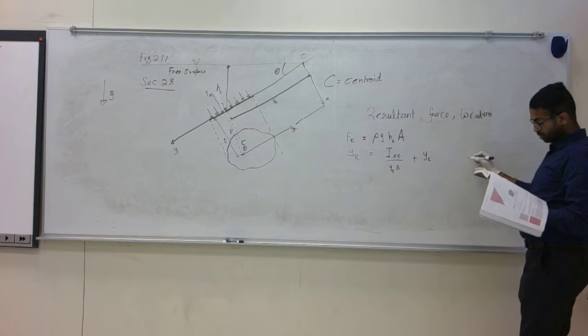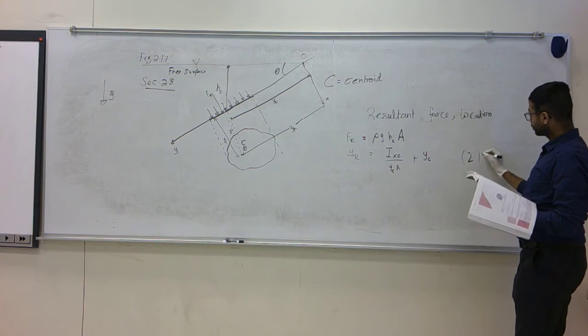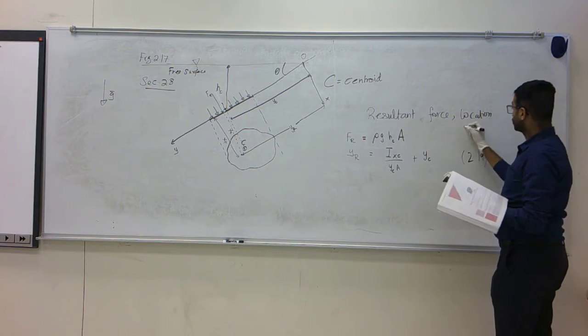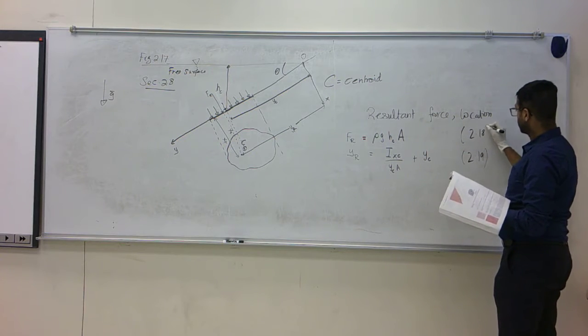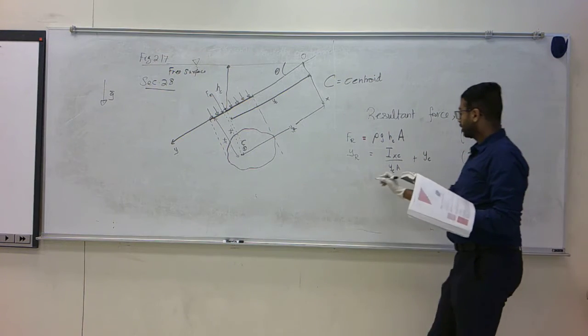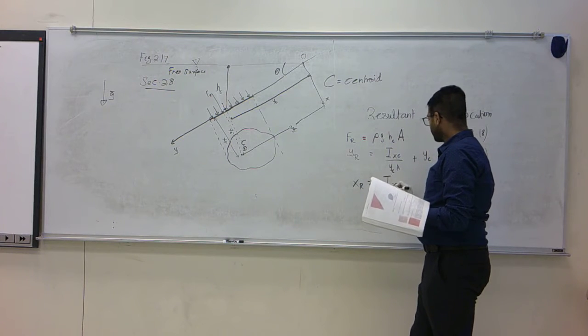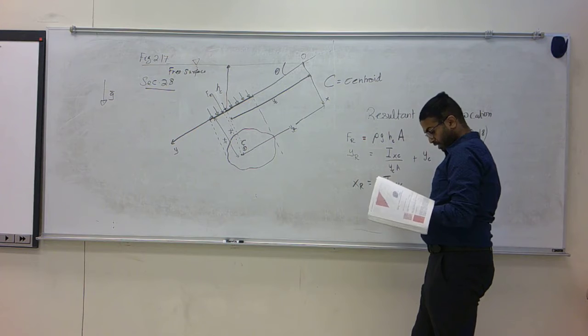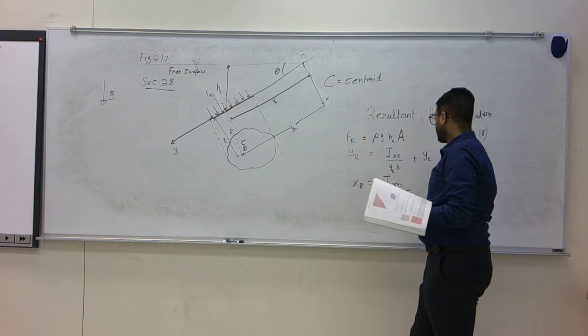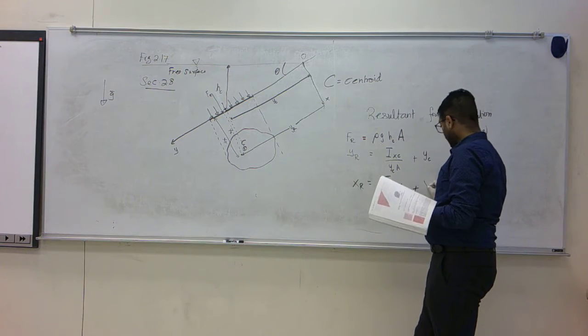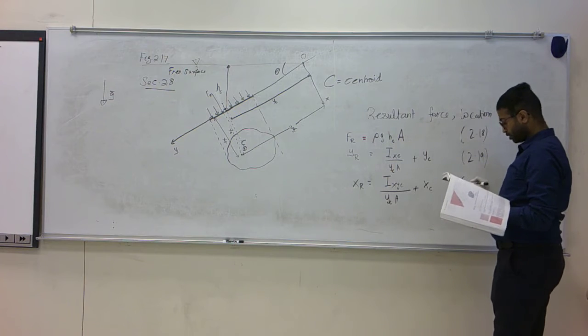This is equation 2.18, this is equation 2.19, and xr, the x coordinate of the resultant, is Ixyc divided by yc times A, plus xc. This is equation 2.20.